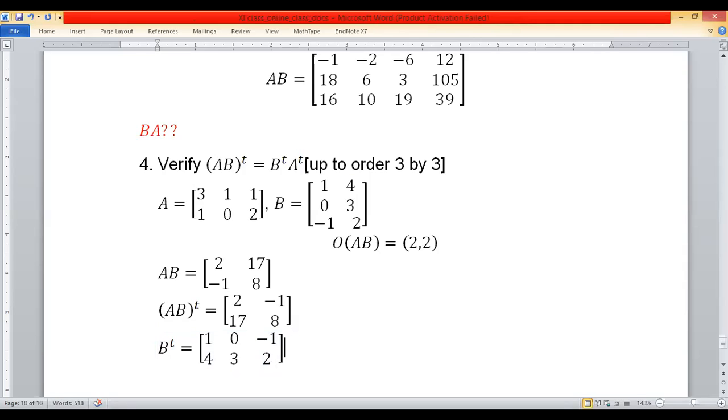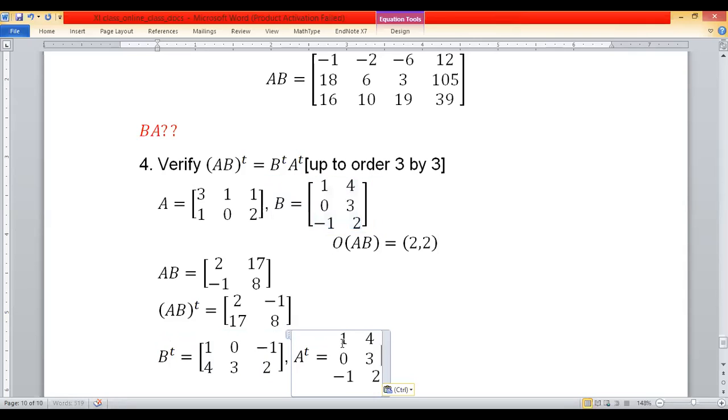This is the transpose of B. Then the transpose of A. Transpose of A would be 3 1 1, 3 1 and 1, then 1 0 2.